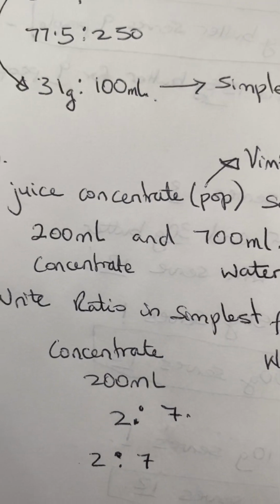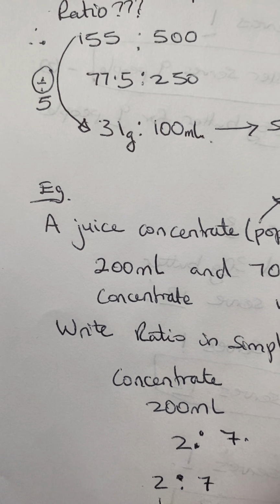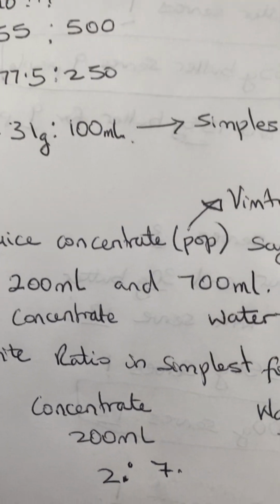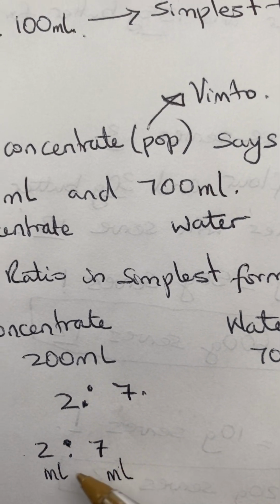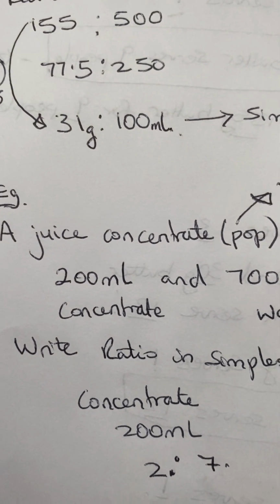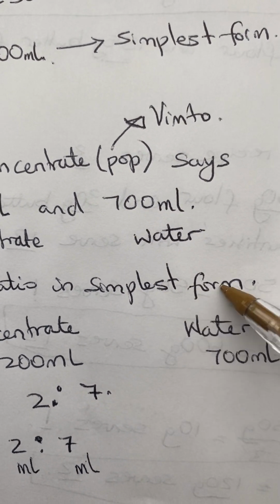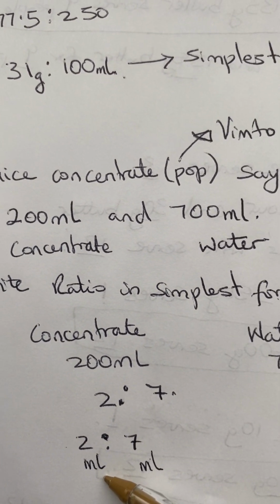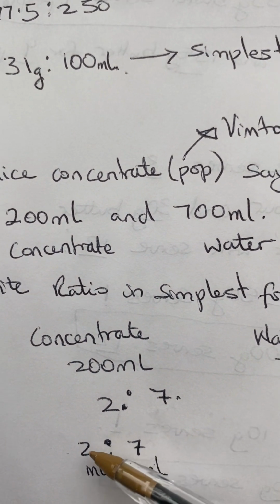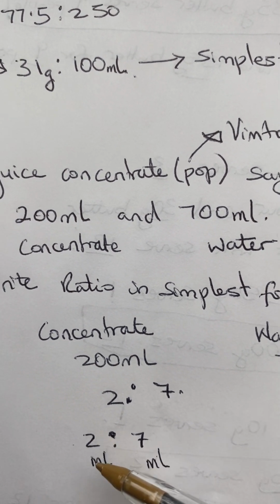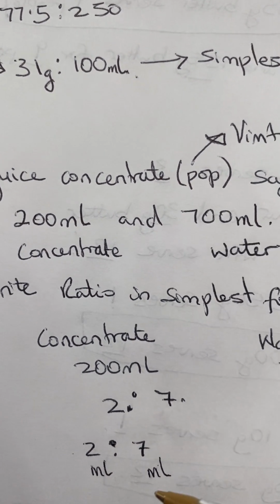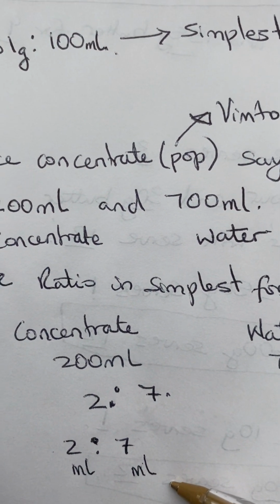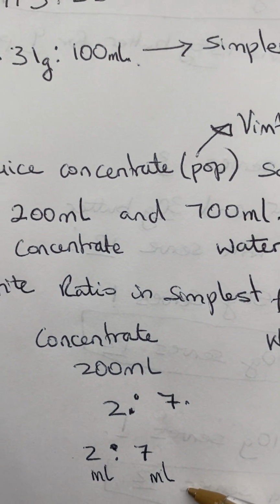So the ratio is 2:7 in the simplest form, because the question says we should put the answer in the simplest form. But remember, it's 2 mils of the concentrate to 7 mils of water. Okay, I hope I've made some sense to you.